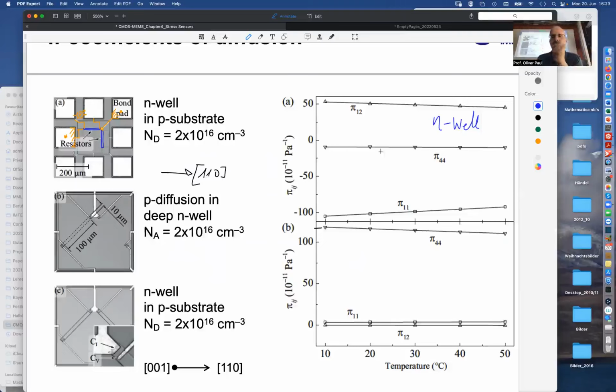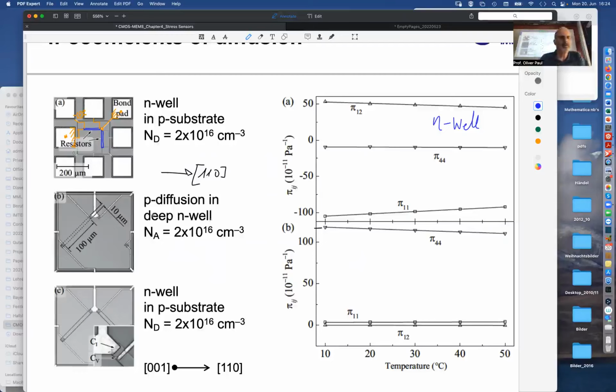And then we have also pi 4,4, which is known from Smith to be much smaller than pi 1,1, the minus 102, so to speak. And then the pi 1,2, which is the so-called 53 times 10 to the minus 11 per Pascal value of two slides ago. And those are reduced a bit.